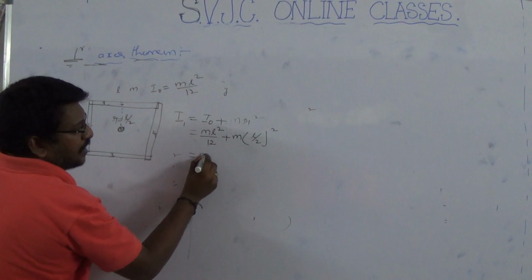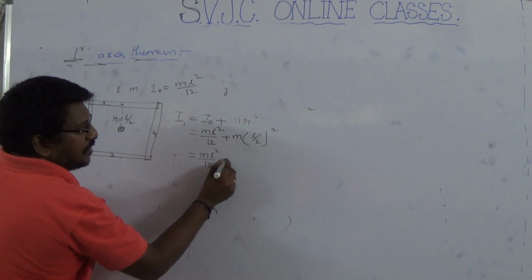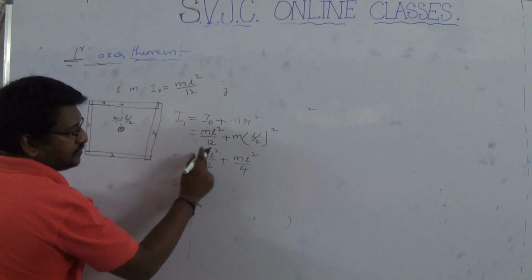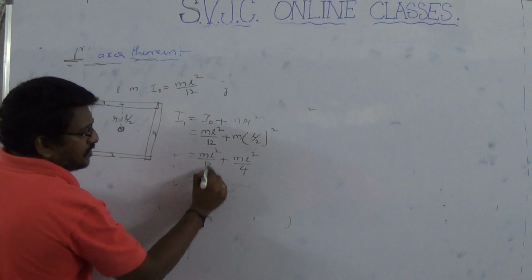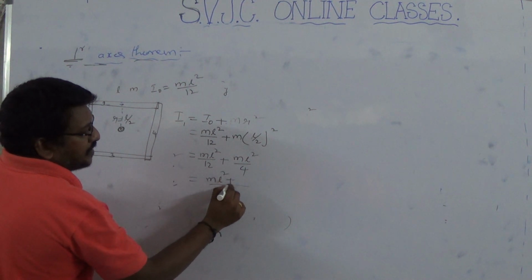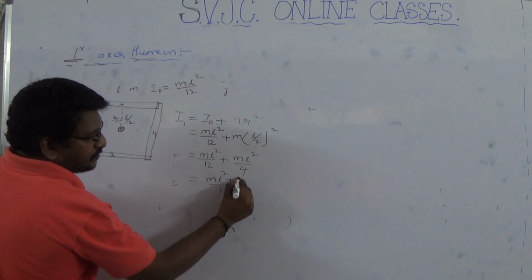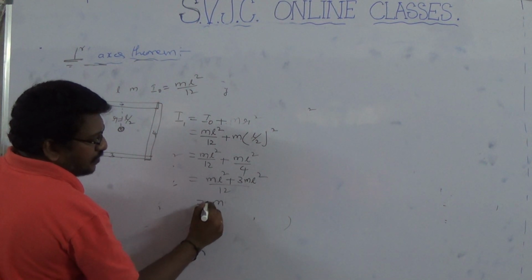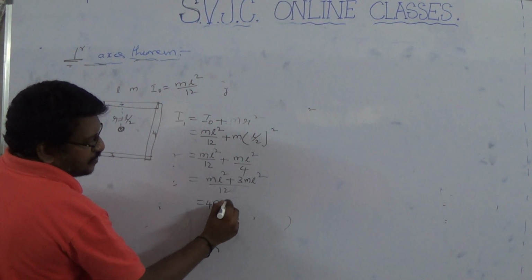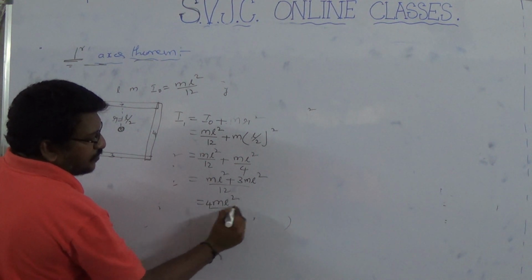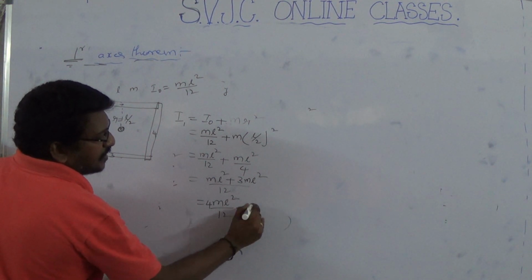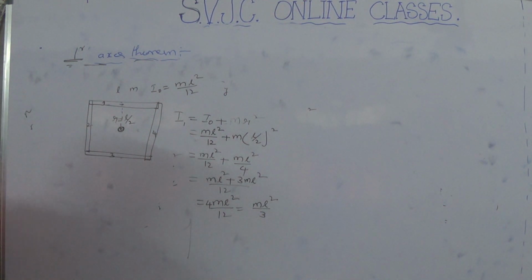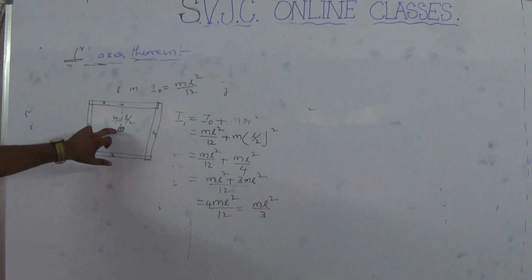So that equals ML square by 12 plus ML square by 4. LCM 12: ML square plus 3 ML square, that equals 4 ML square by 12, which is ML square by 3. That is the moment of inertia of this rod with respect to this axis.